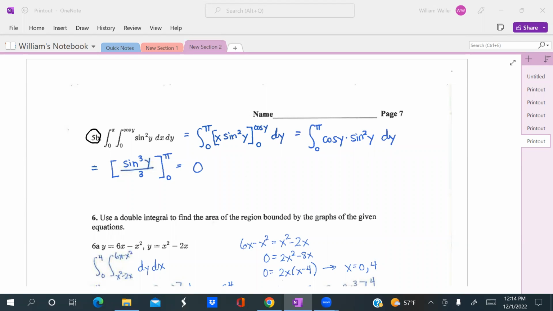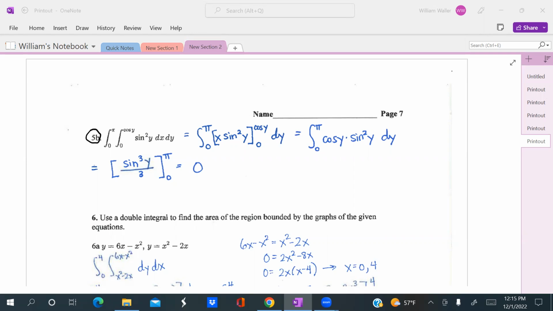So the antiderivative of sine squared y with respect to x is just x times sine squared y, and then we want to evaluate that from 0 to cosine of y. So we're going to plug in cosine of y for x, and then we're also going to plug in 0 for x and take the difference, of course.